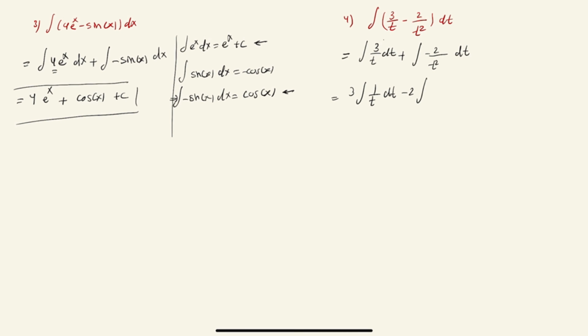And then for the second integral, I'm going to bring t squared in the bottom to the top, so it's going to be t to the minus 2 dt. So we'll have 3 times the natural log of the absolute value of t, minus 2 times t to the minus 2 plus 1 over minus 2 plus 1, and then plus c.